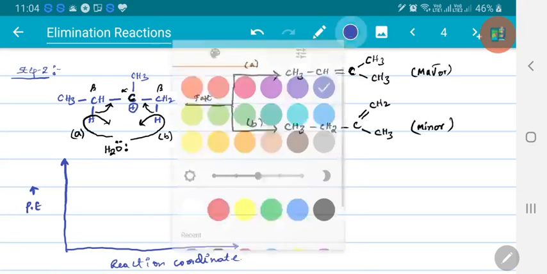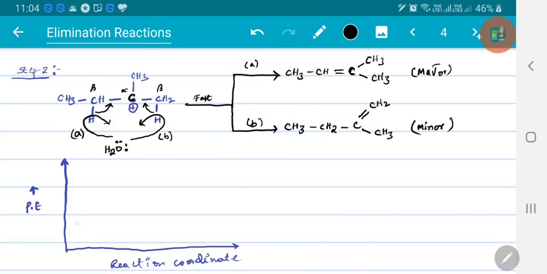Now the graph obtained will be: the first reactant leads to formation of an intermediate.